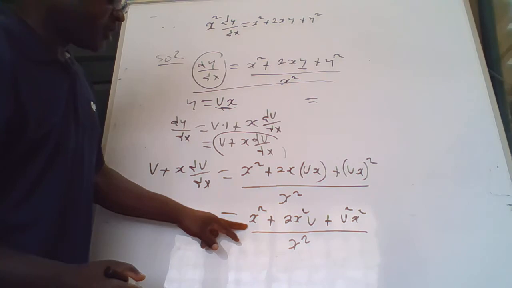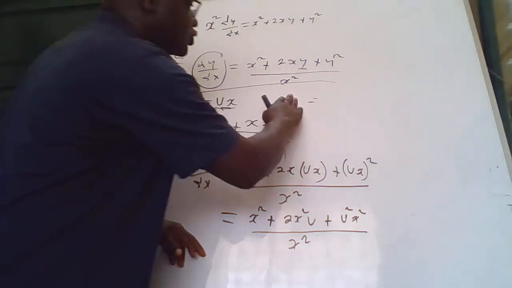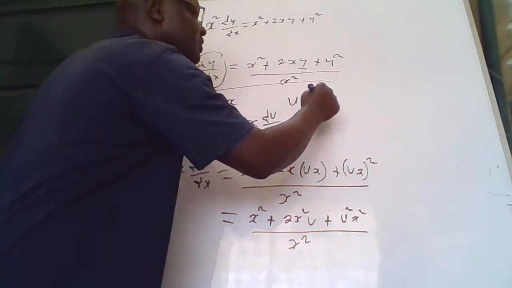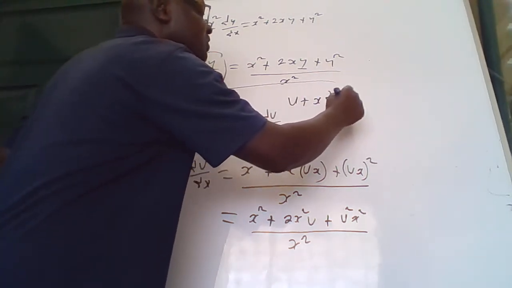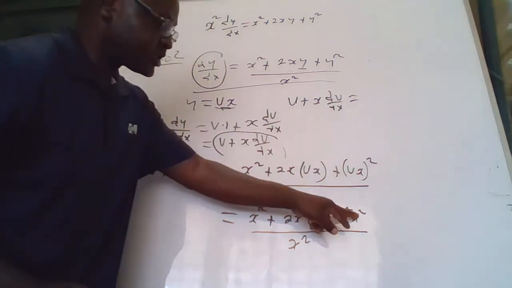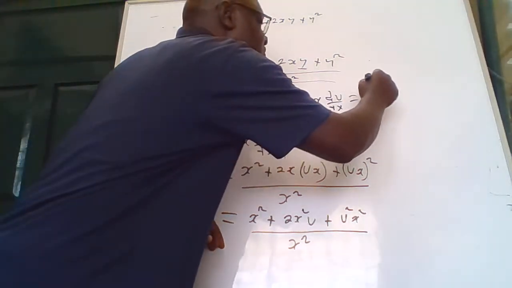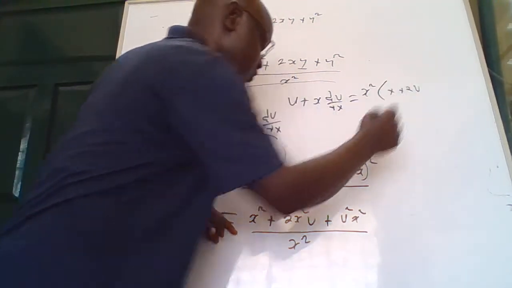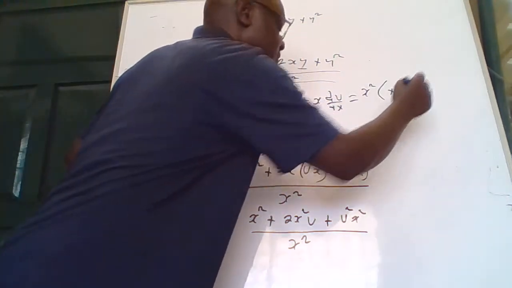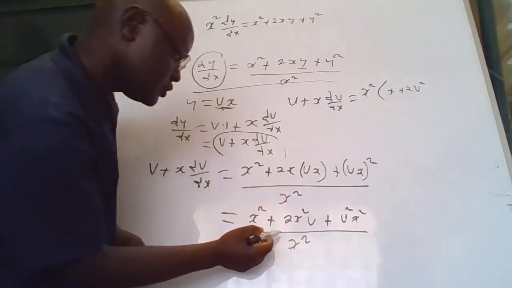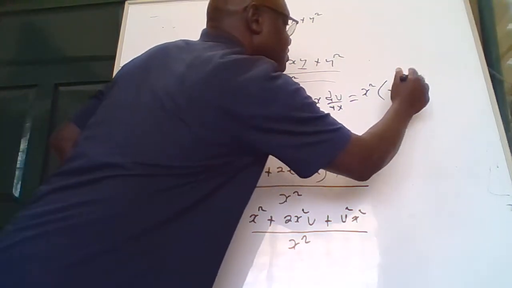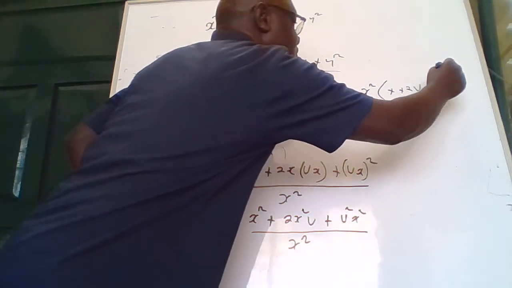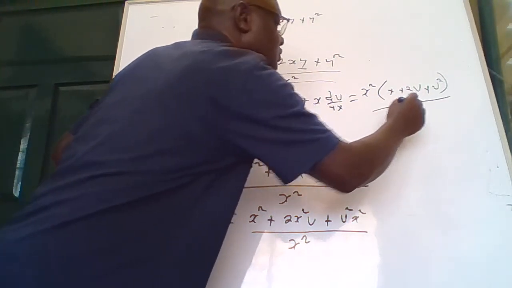Now we can factorize out x squared because it is common. So we have v plus x dv dx equals x squared into 1 plus 2v plus v squared, over x squared.